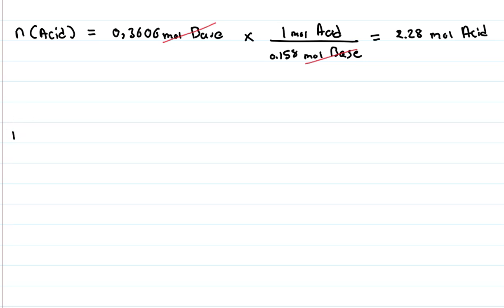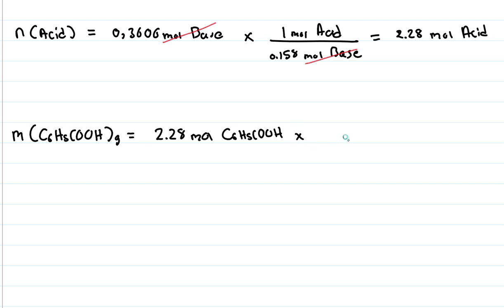So the mass of C6H5COOH in grams is equal to the number of moles of the acid, which is 2.28 mole of the acid C6H5COOH, multiply that by the molar mass of the acid, which is equal to 122.12 grams C6H5COOH divided by 1 mole of the acid.